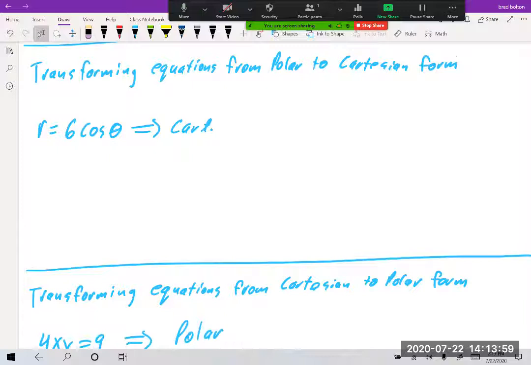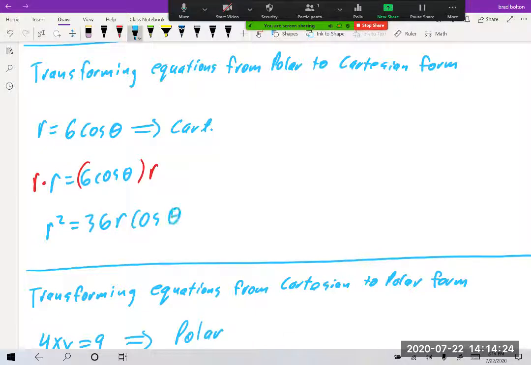So what I'm going to do is I'm going to multiply both sides by r. So I'm going to take r equals 6 cosine theta, and I'm going to multiply an r here. I'm going to multiply times r here. So this will now become r squared is equal to 6r cosine theta. No, I'm not squaring.